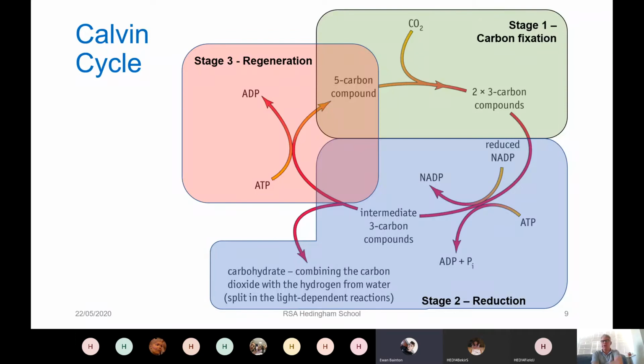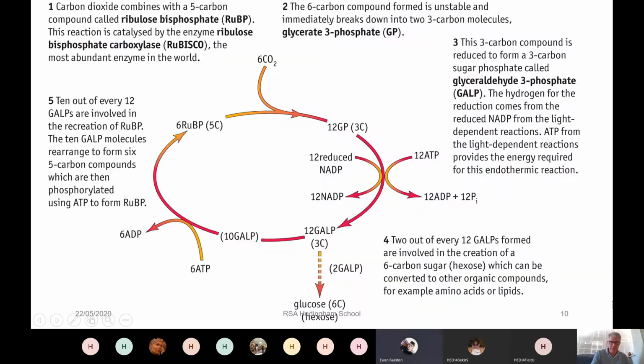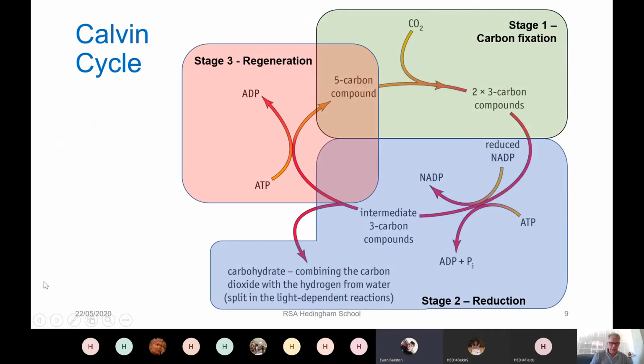What would happen if the light dependent reaction stops? Where will the cycle stop? Do we understand the question? Stage 2. Well, if the light dependent reaction stops, you won't have reduced NADP and you won't have ATP.